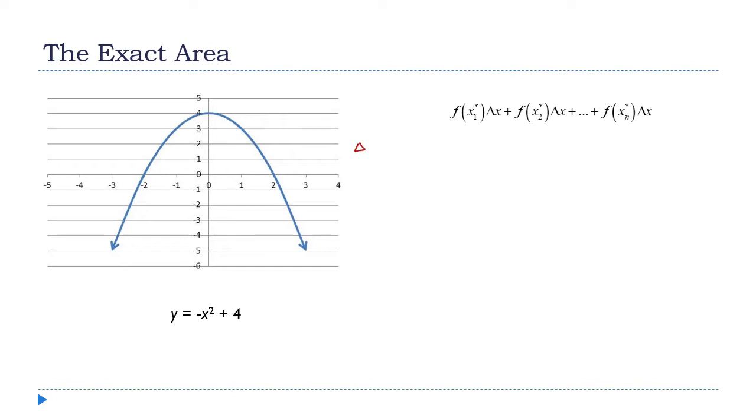Delta x is the length of the interval, that's still 4, divided by the number of sections we're going to divide it into. So that's 4 divided by n. And I'm going to use the right endpoints of the intervals for my x_i star. So x_n star will be the right endpoint.